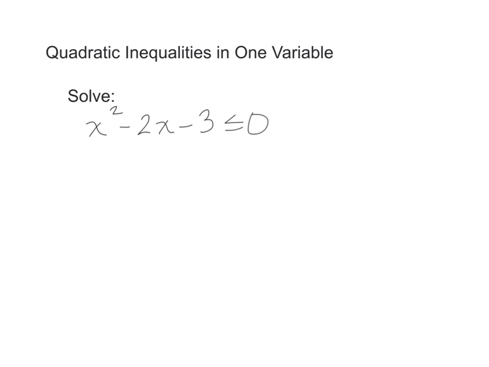So if that were just an equal sign, I would factor (x minus 3)(x plus 1) and I'm going to say equals 0. This is the related equation. I made it equal 0.